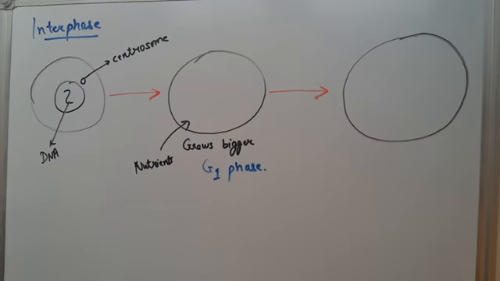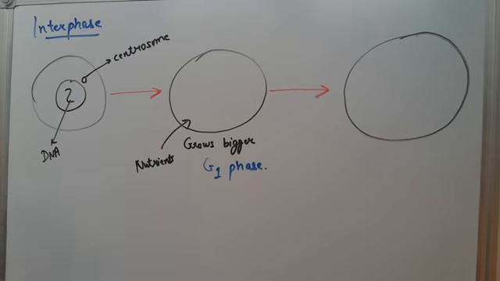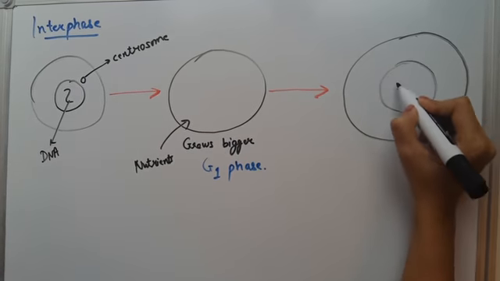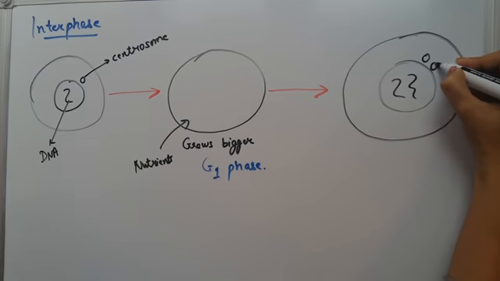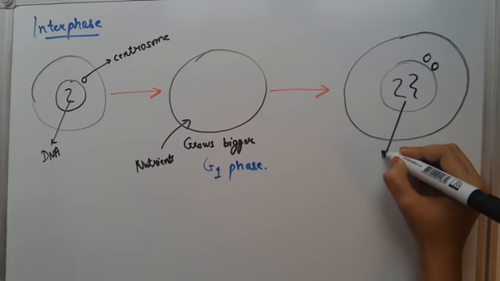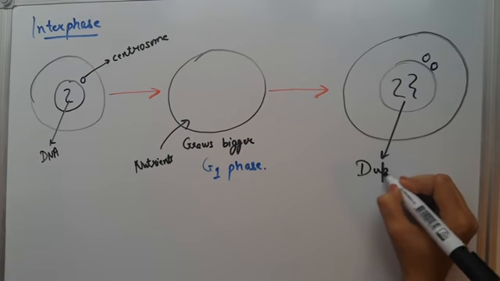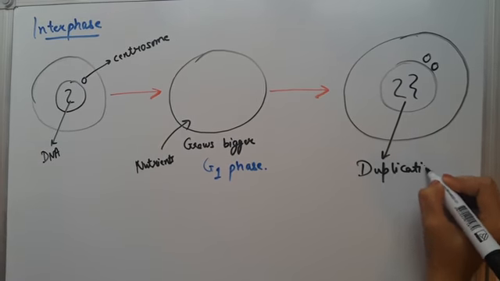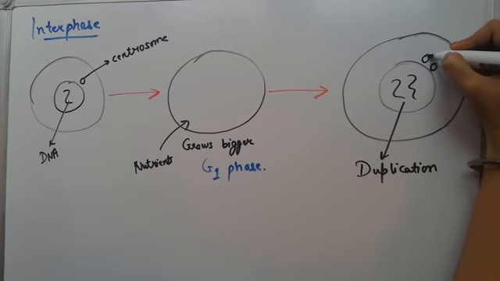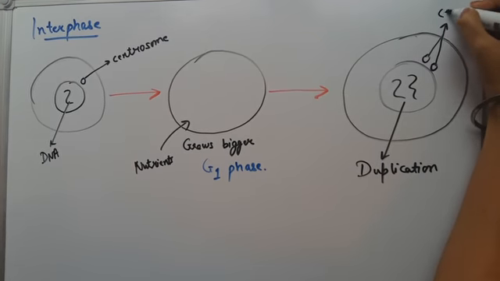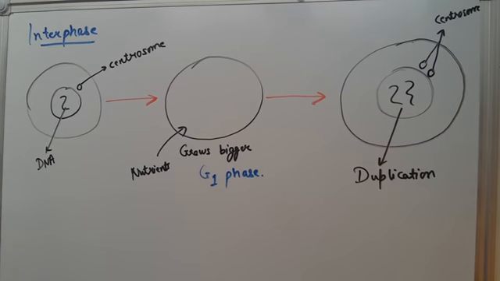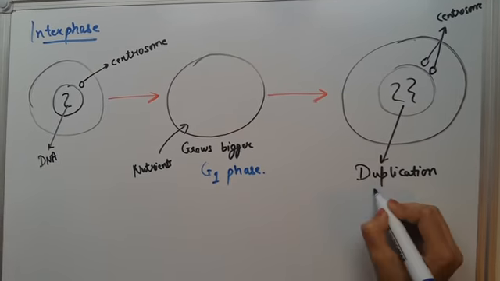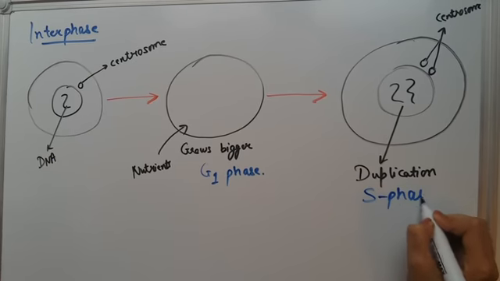Here the main event that occurs is the duplication of chromosomes and also the duplication of the centrosome. So this is the S phase.